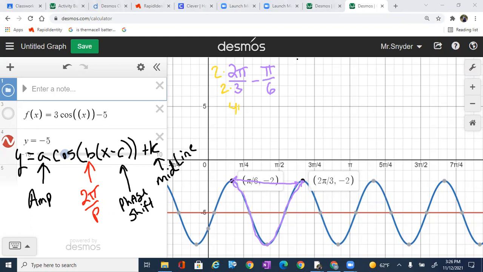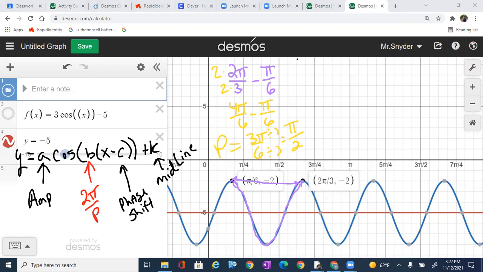So what I get is 4 pi over 6 minus 1 pi over 6, and 4 pi minus 1 pi is going to be 3 pi over 6, and that can simplify by dividing by 3, which gives pi over 2. So the period is going to be pi over 2.